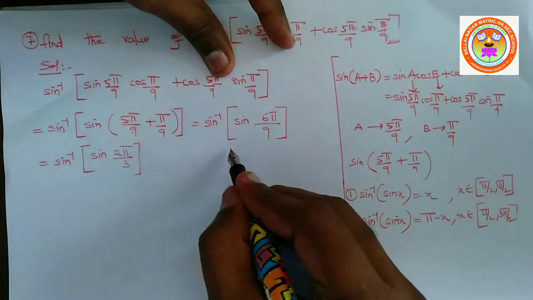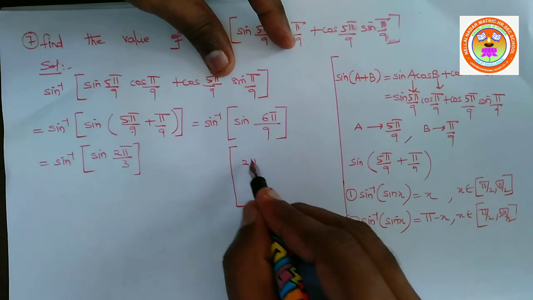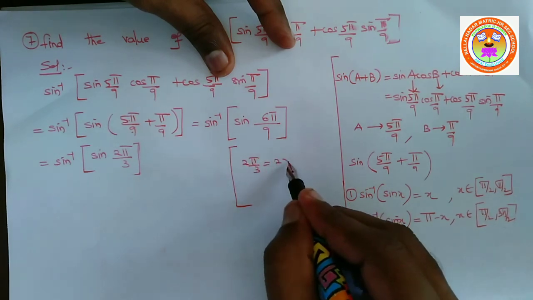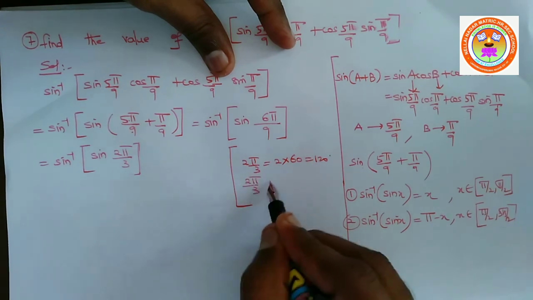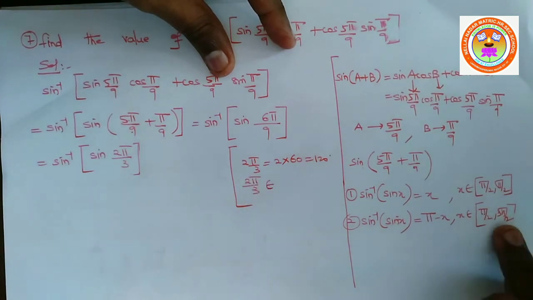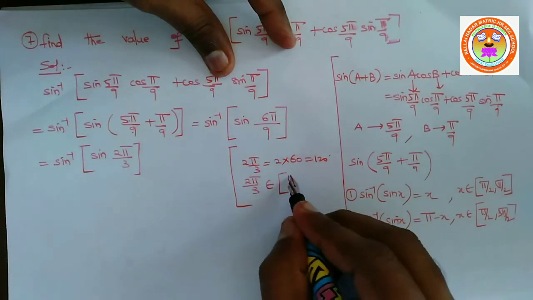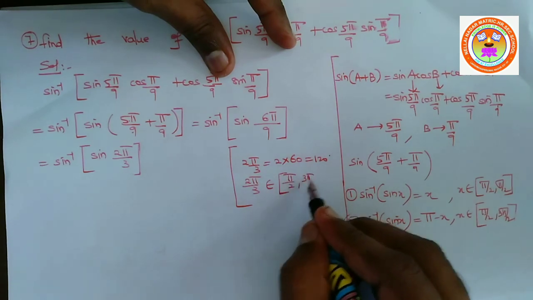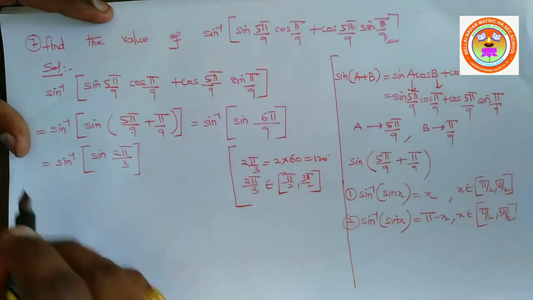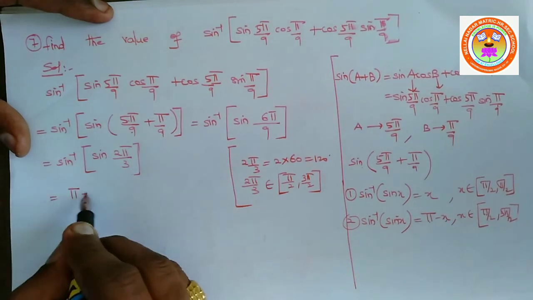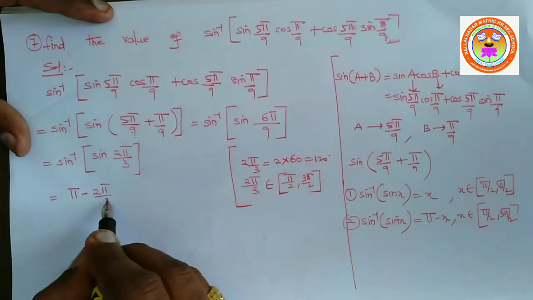Since 2 pi by 3 is 2 into 60, which is 120 degrees, 2 pi by 3 belongs to (pi by 2, 3 pi by 2). So how can I write the answer? The answer is pi minus x. Therefore the answer is pi minus 2 pi by 3.